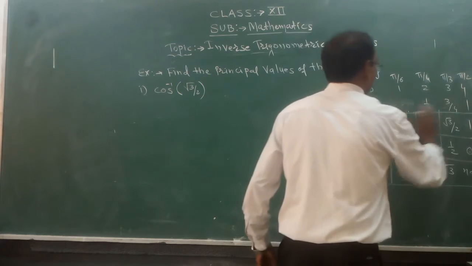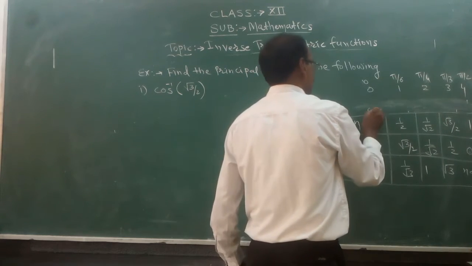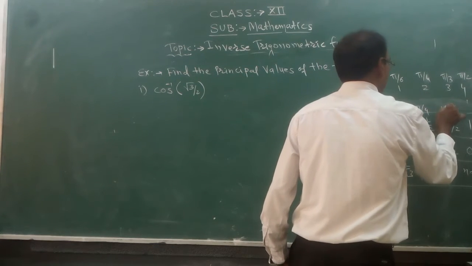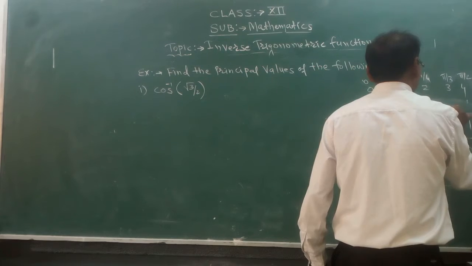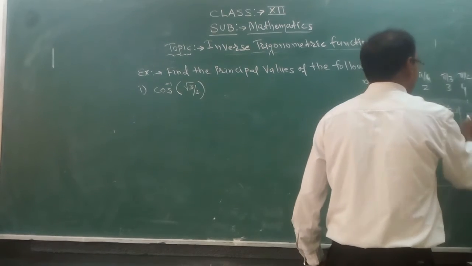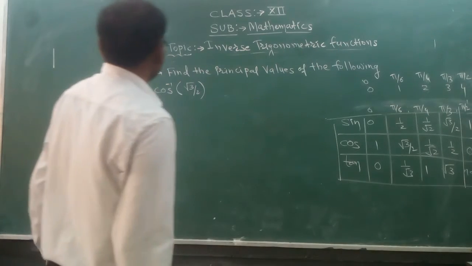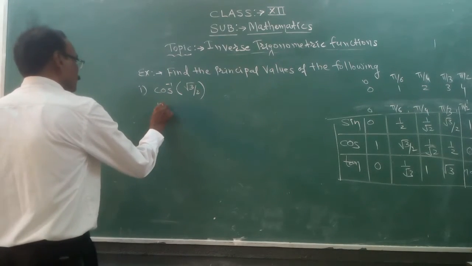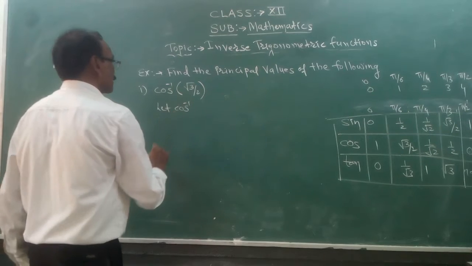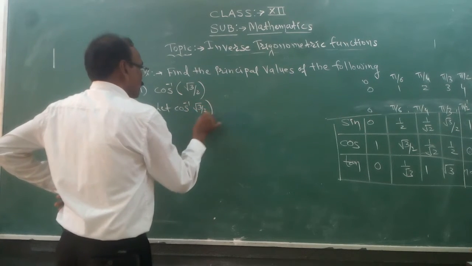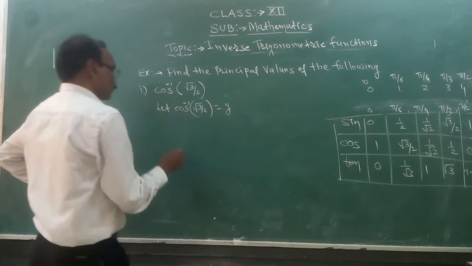Now, the angles are 0, pi by 6, pi by 4, pi by 3, and the last one, pi by 2. So here let cos inverse root 3 by 2 equal y.